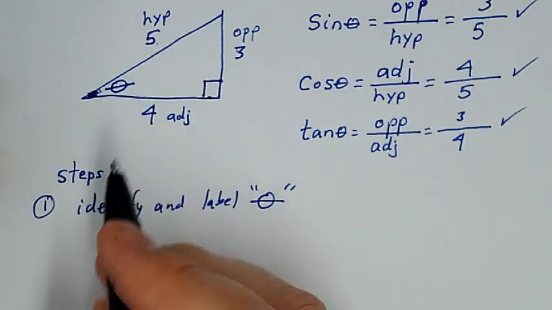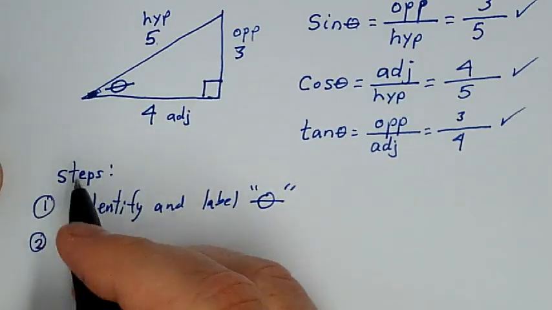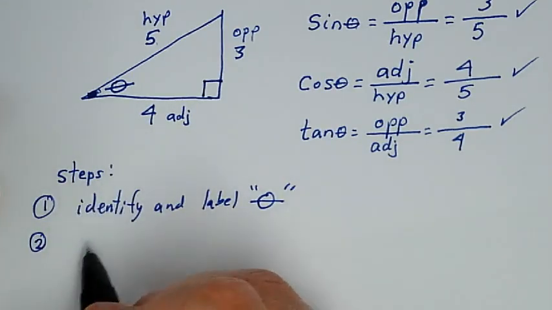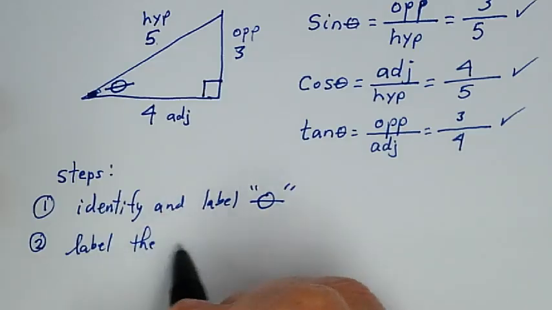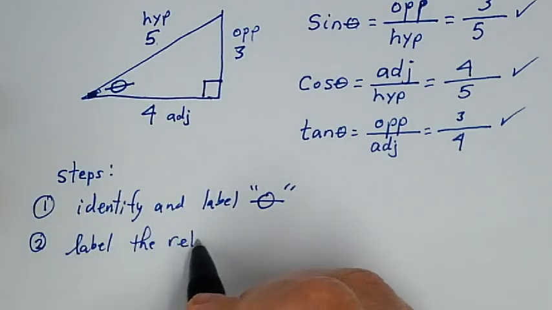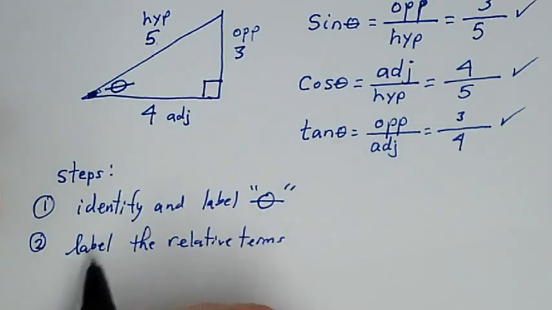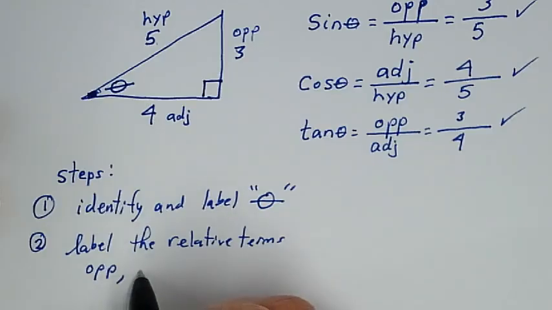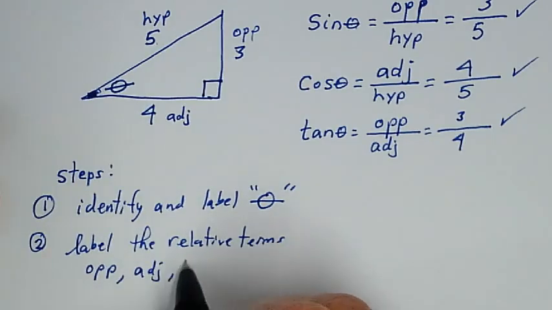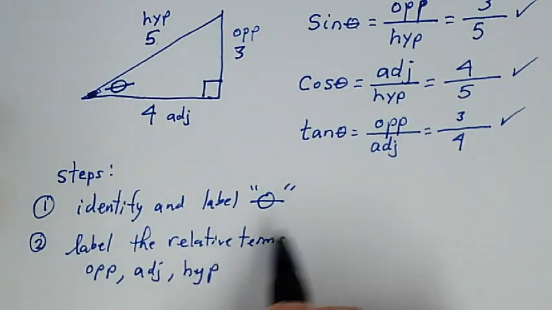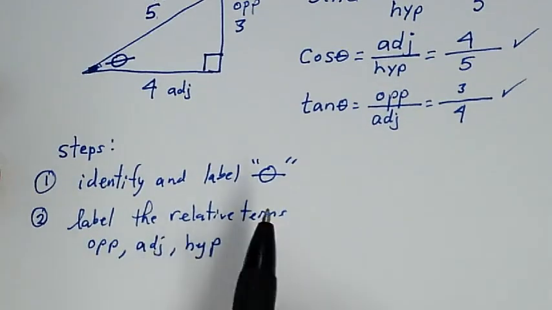The second thing was, I would label the relative terms. In other words, I would label which side is the opposite side, which side is the adjacent side, and which side is the hypotenuse, based on which angle is theta.